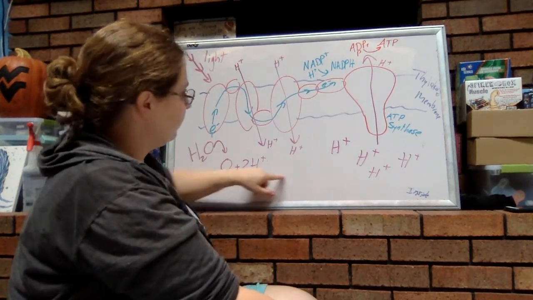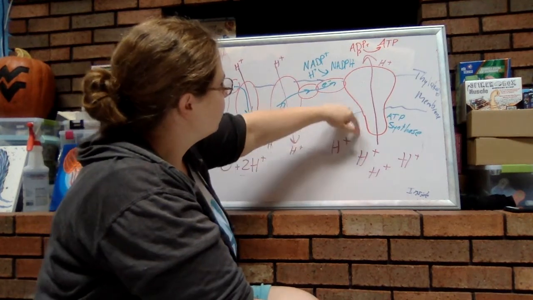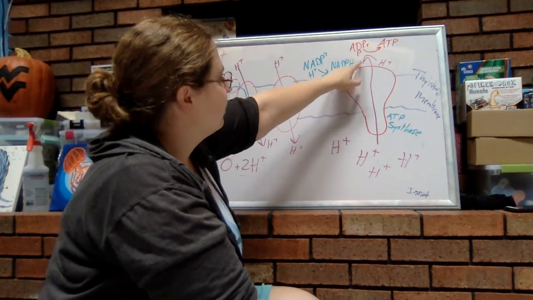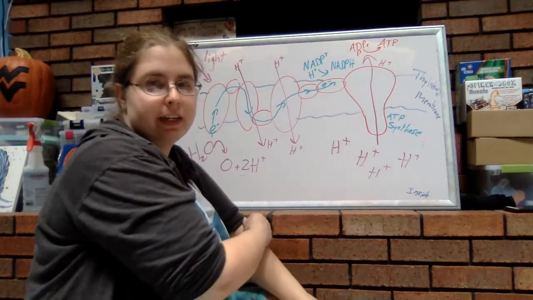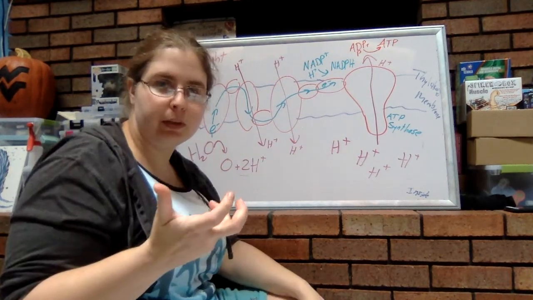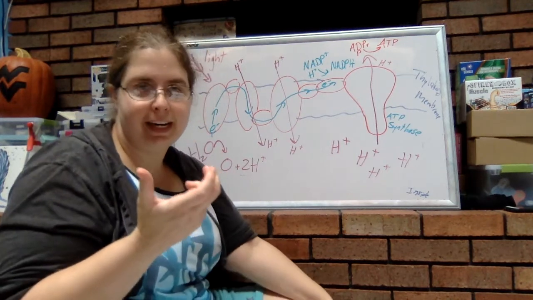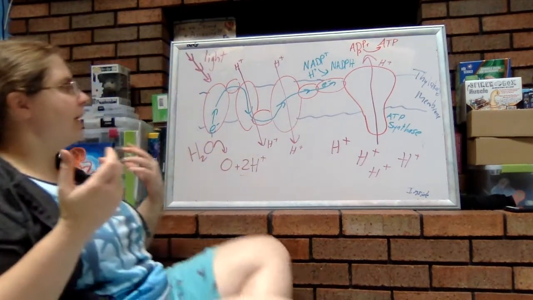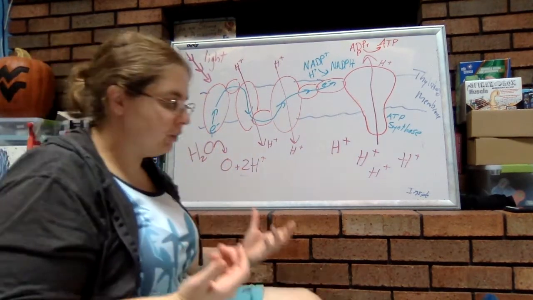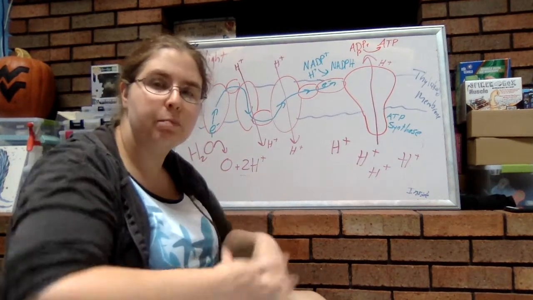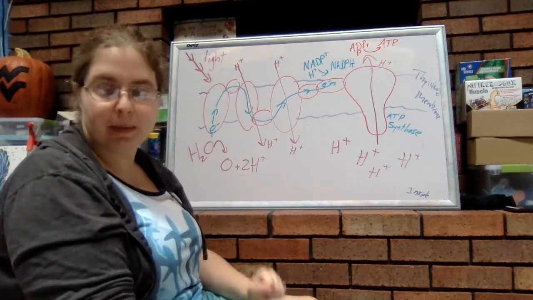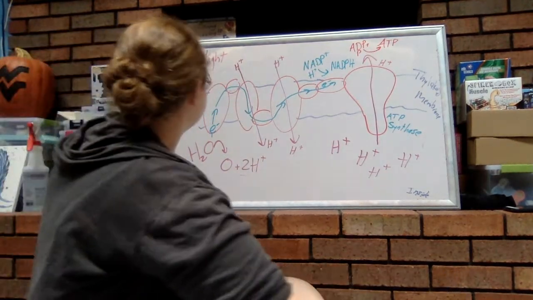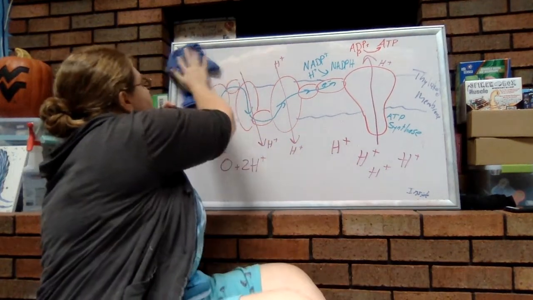The hydrogen gets sent through ATP synthase and generates energy so that we have ATP created. Now we have an energy source, a rechargeable battery, ATP, and we have NADPH with the electrons. And we are ready to take those and move them to the next step. All right, so this is the light-dependent reaction.